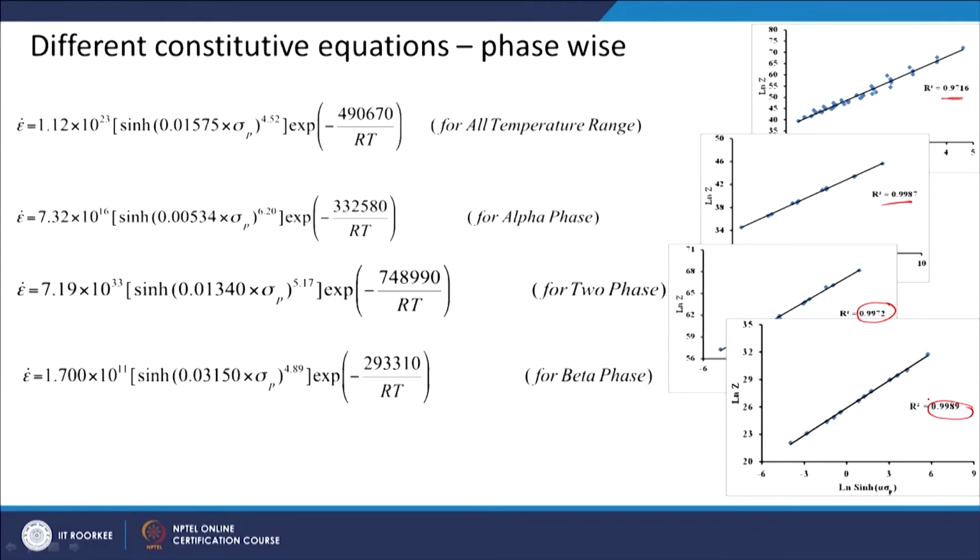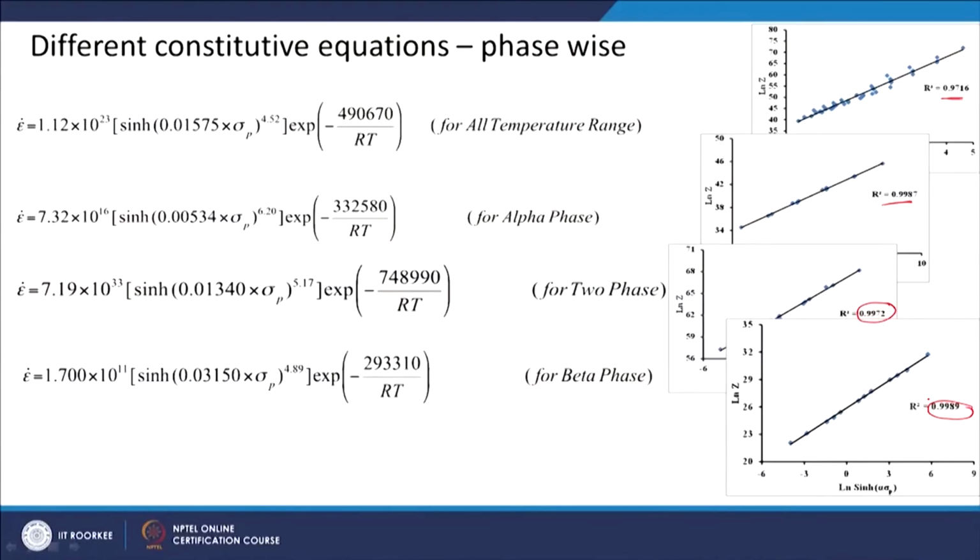So, you can see that when we are developing the constitutive equation for independent phases or phase regions, the R square value is quite high, very close to 1. Whereas, when we are developing for the entire temperature range, we are not taking into account the different phases present at different temperatures, and the R square value is coming low.